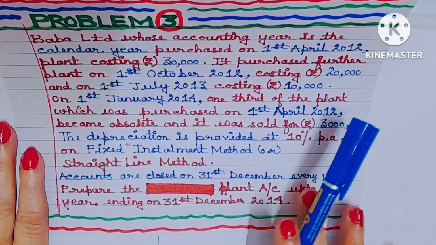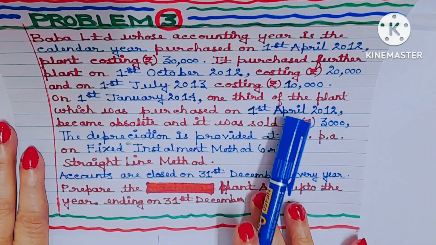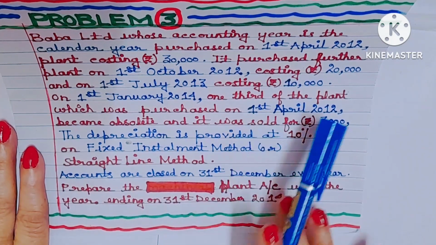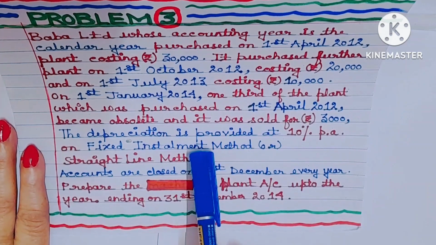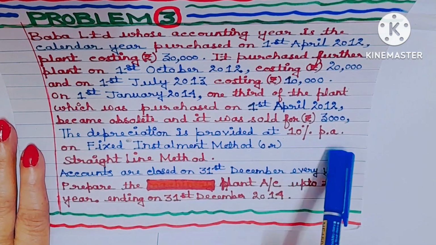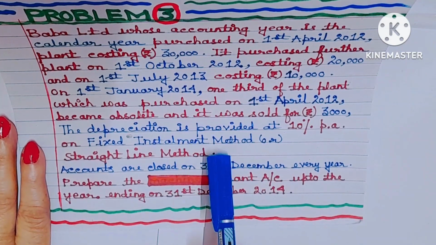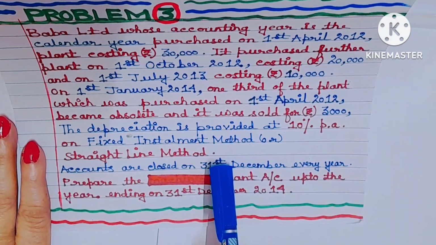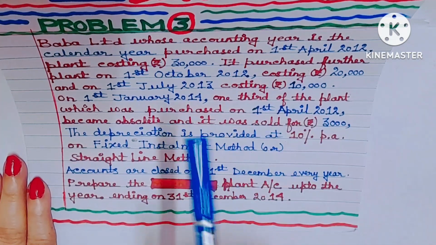But in this particular problem, Baba Limited follows the calendar year. That means we have to charge depreciation every year on 31st December. And the depreciation is provided at 10% per annum. Per annum means per year, on fixed installment method or straight line method. Understood? So let me make you understand the problem.